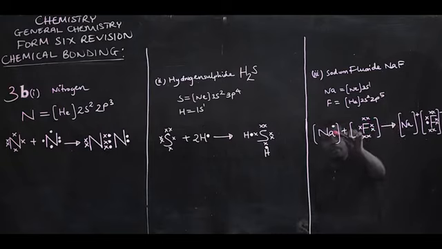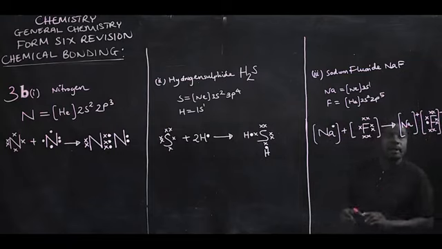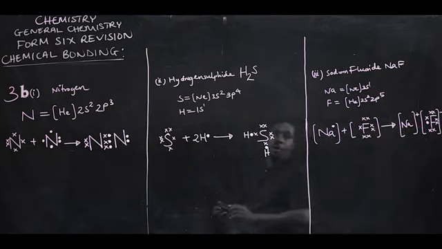So when sodium combines with fluorine, sodium loses only 1 electron and becomes positively charged, and fluorine accepts only 1 electron and becomes negatively charged. So the bond between the sodium ion and the fluorine ion is an ionic bond.